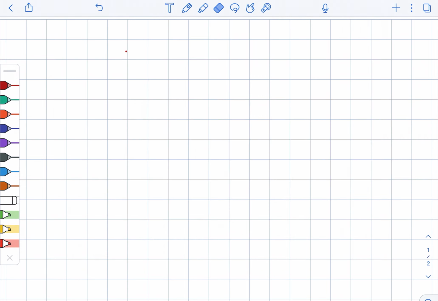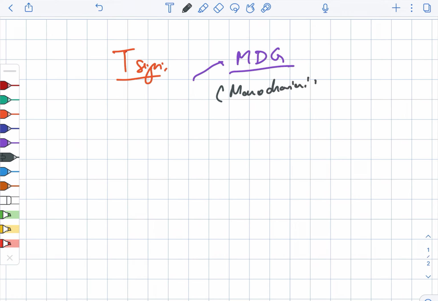Next, we are going to look at the T sign. The T sign is seen commonly in case of MDG. What is MDG? It is monochorionic diamniotic gestation, and it is basically a thin membrane.